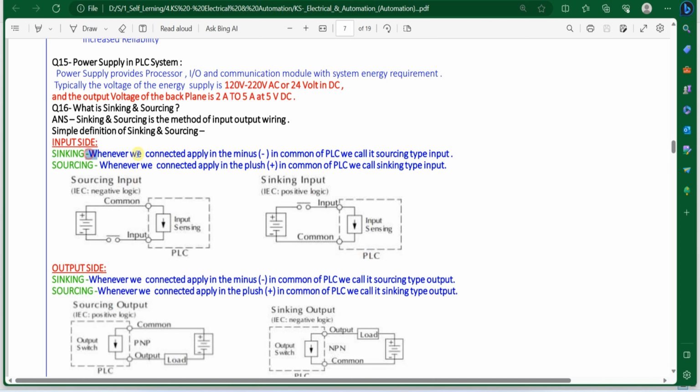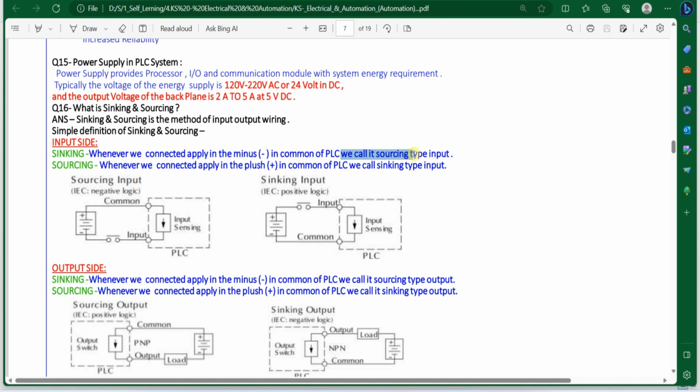And we call it sourcing input. The wiring is sinking, but we call it sourcing type of input because the input is a source from the field module, just like field-connected level switch, pressure switch, conductivity switch, air pressure switch, and flow switch.